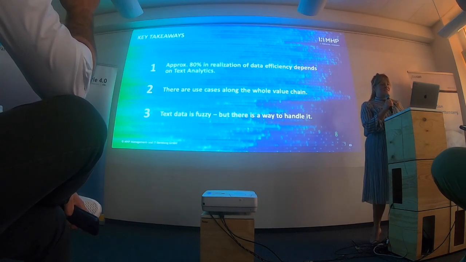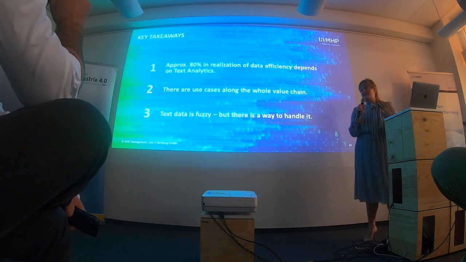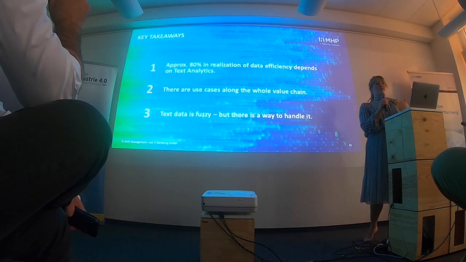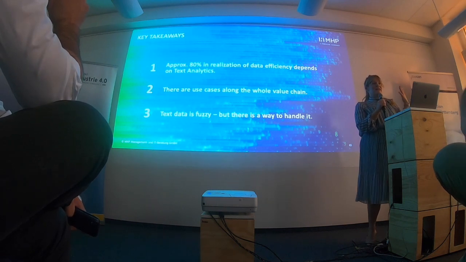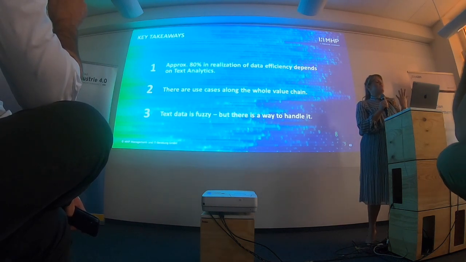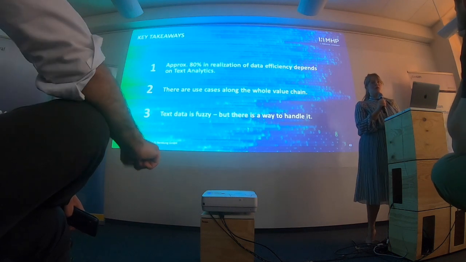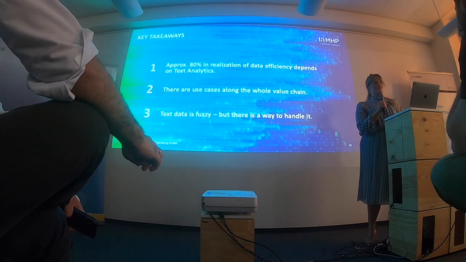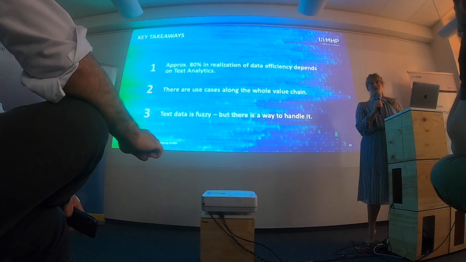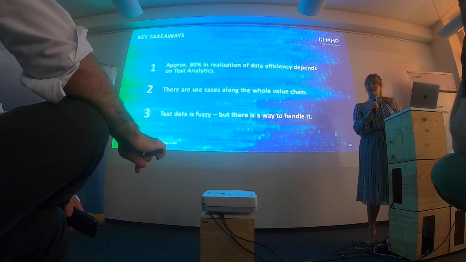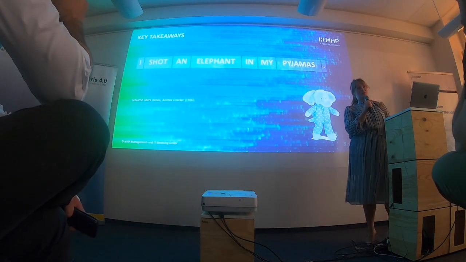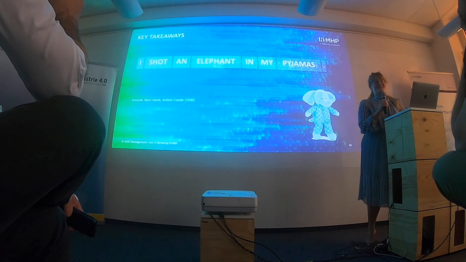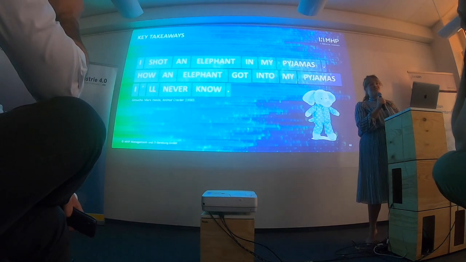And text data, as you have seen, is very fuzzy, but there are solutions. In my experience, there's not one right algorithm for one problem. It always depends, and most times it's a combination of different methods and algorithms which leads you to the necessary quality level. And also, there's a solution for this problem, and that's my advice: just take more context to it.